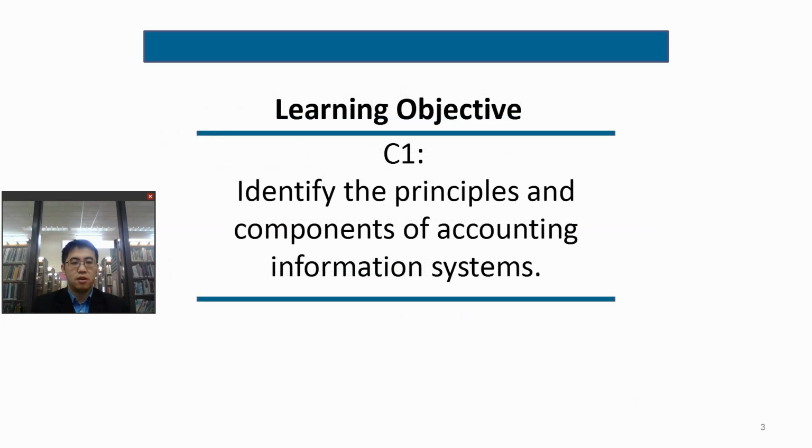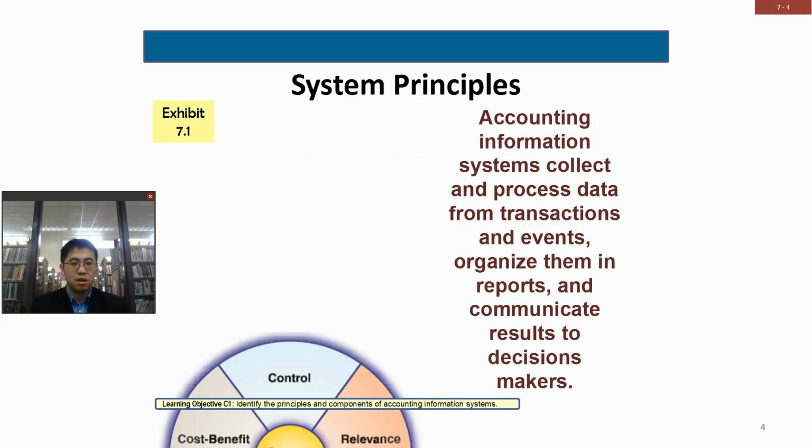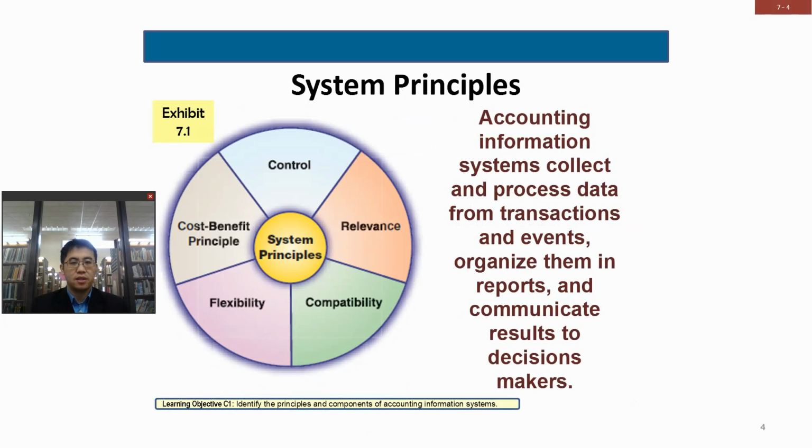What you see here first is to identify the principles and components of accounting information systems. Right here, that's your system principles. You have different principles to follow. You need to obtain efficient control for your accounting and also make sure the transactions and activities recorded here are relevant. Your system also needs to be compatible with the other business operating systems of your company.